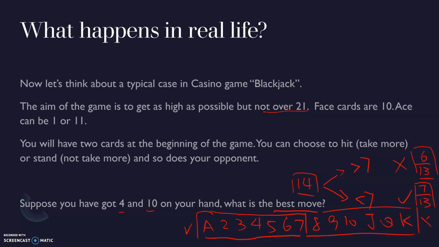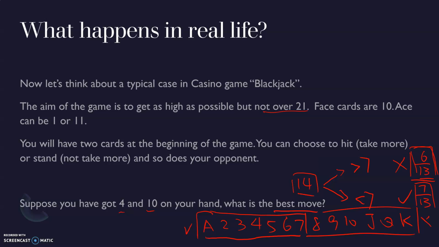Now, of course, when it comes to the gaming strategy, it can be a lot more complicated because it also depends on what cards your opponents get. But from a very intuitive point of view, if we're just thinking about the cards we have, then when we have 14 on our hand, it's better to hit than to stand.